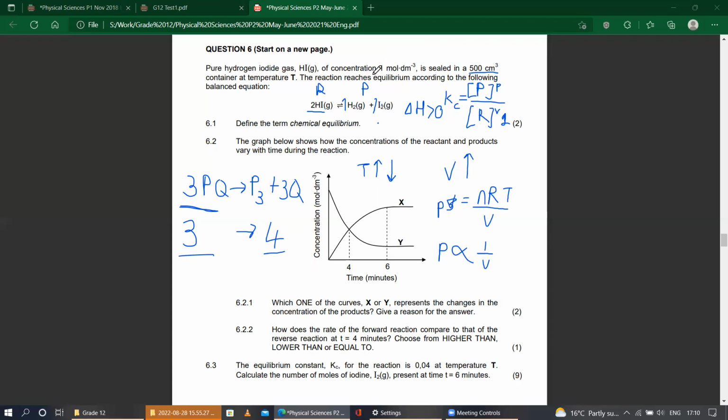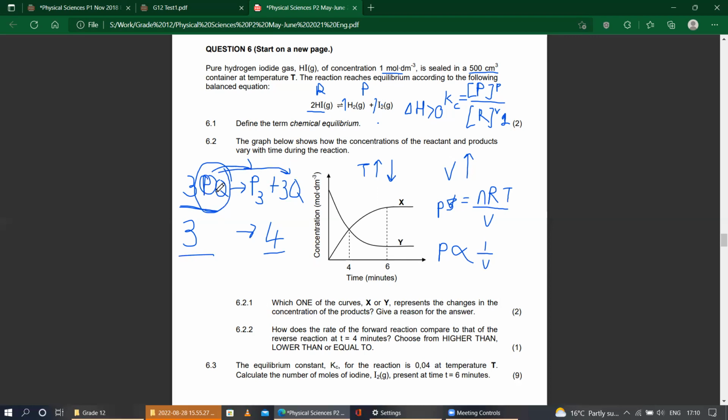You see, in this case, we have our concentration as 1, right? Let's say now we're gonna increase the concentration of this, right? The reaction will no longer be in equilibrium until more of PQ is converted into P3 and 3Q.